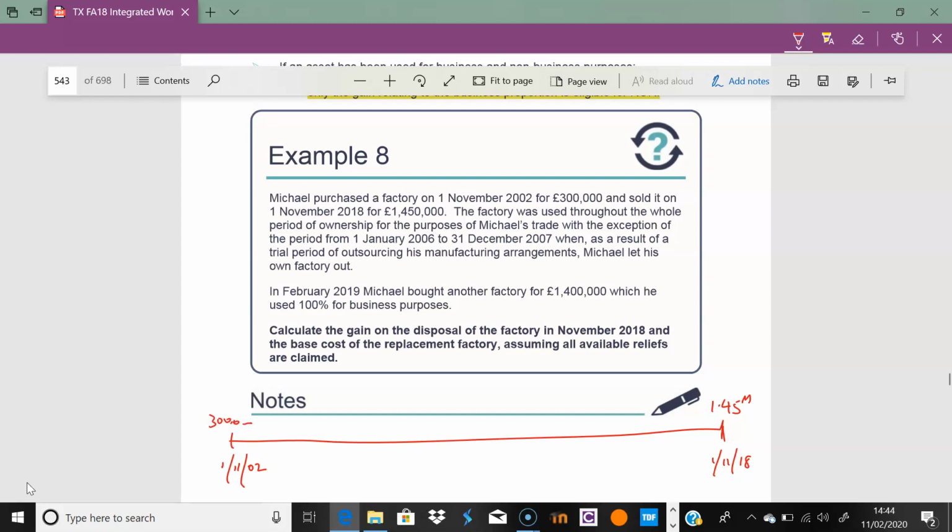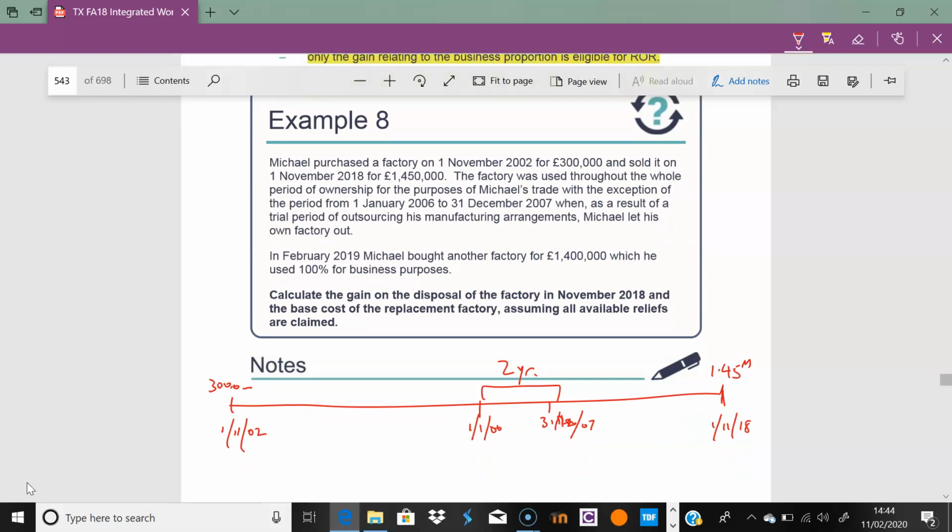The factory was used throughout, except for the period from the 1st of January 6 to the 31st of December 7. So over this 2-year period, this asset was not in business, was not used for the purposes of his trade. In effect, that gives us a 2-year period here, and therefore a 14-year period for the rest.